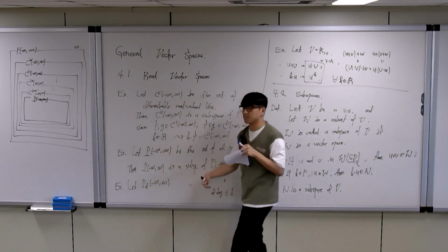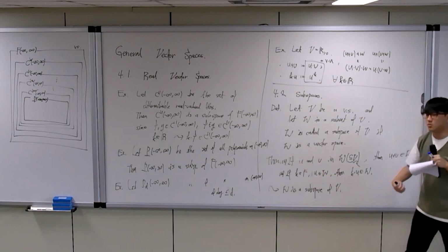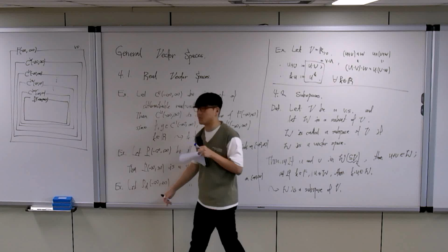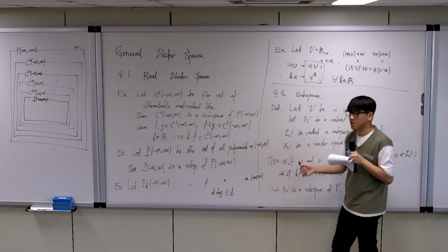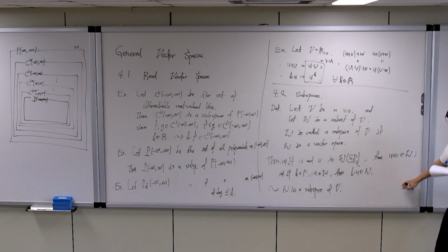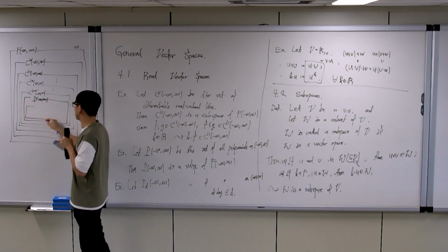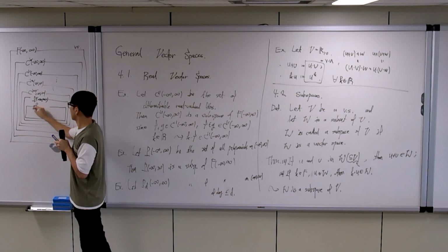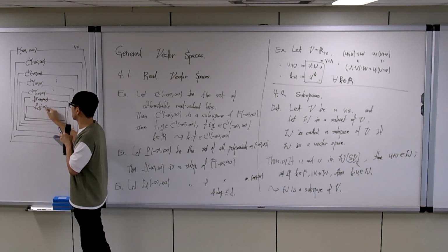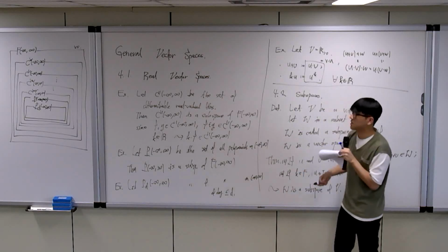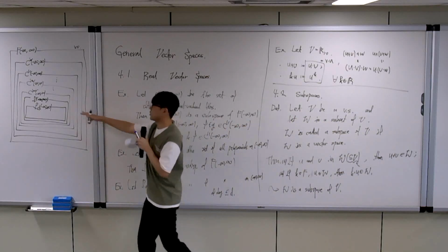Then for addition, if you add degree d polynomials, the result is a polynomial of degree at most d, so it has the closure property also. So in this sense, the degree d polynomial set is also a subspace of the polynomial space.